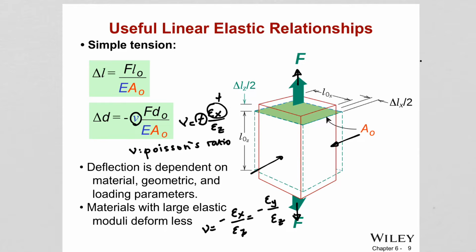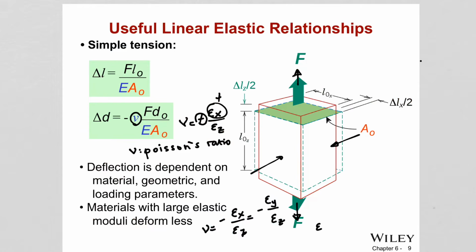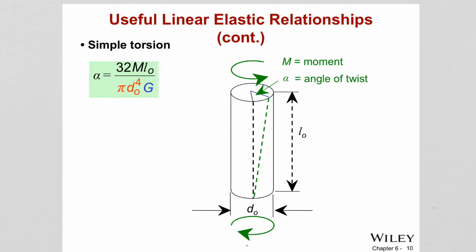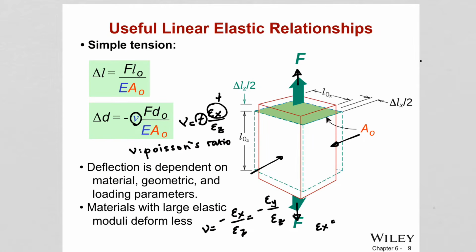We said, remember, epsilon x is equal to minus delta d over d naught. So this is how Poisson's ratio was defined.